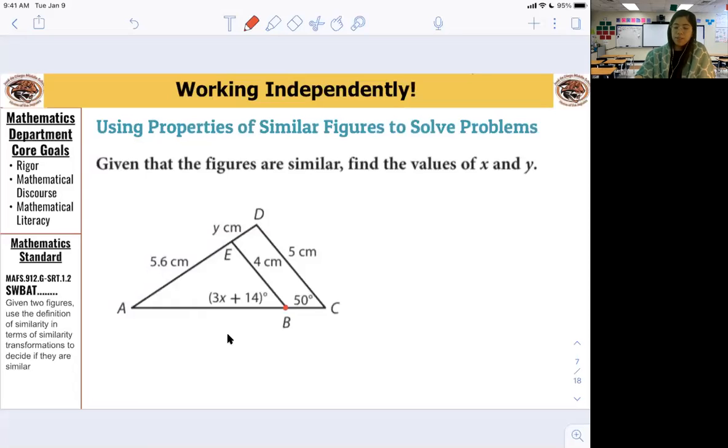Now, again, it's okay if you didn't get any answers, but I just wanted you guys to look at it, try it on your own, and see if you could come up with the right proportion or the right equation.